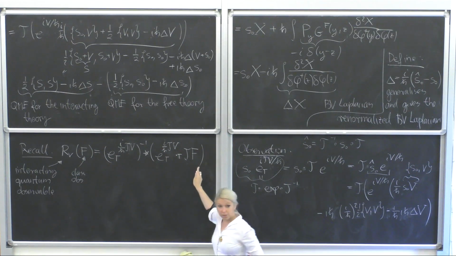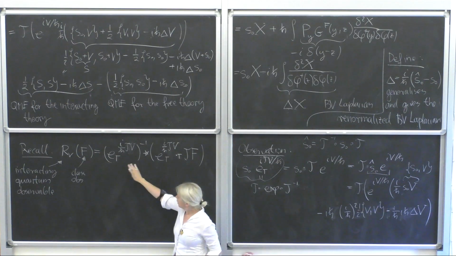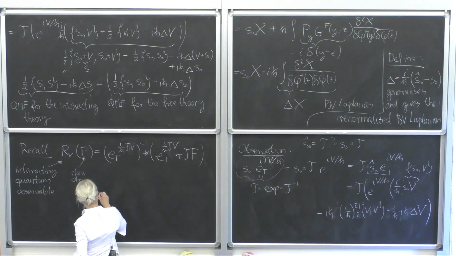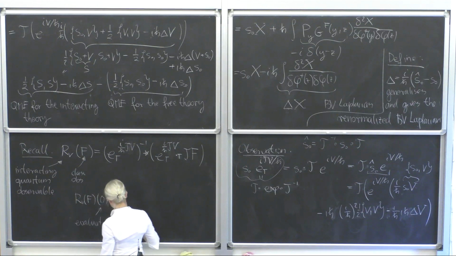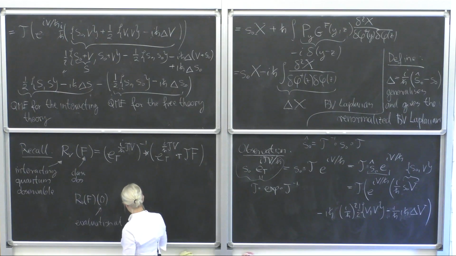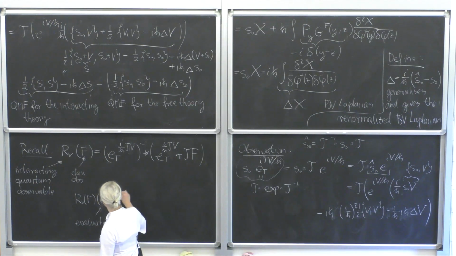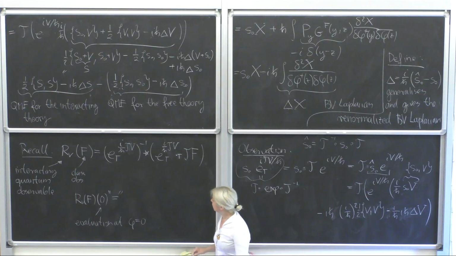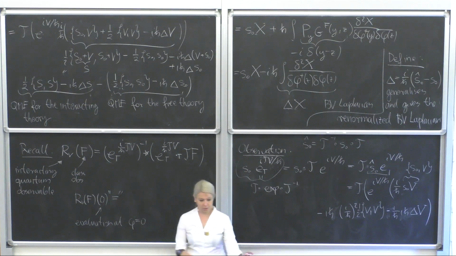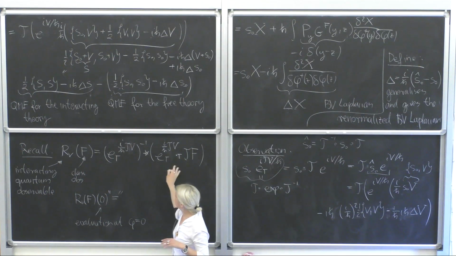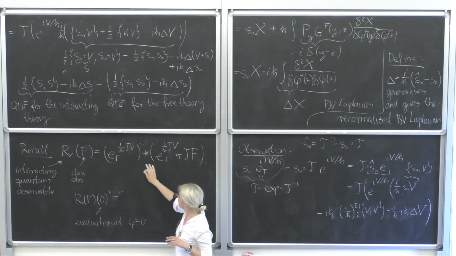So one way to understand this, okay, I can evaluate it at 0. So this is evaluation at phi equals 0. And here is a heuristic argument. So in nice situations like Minkowski vacuum, the evaluation at 0 will factorize somehow.